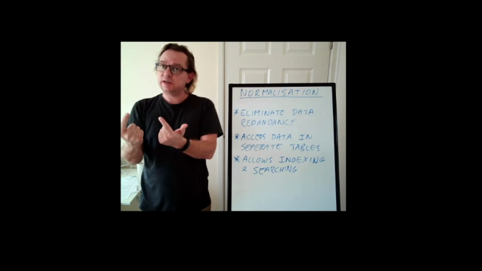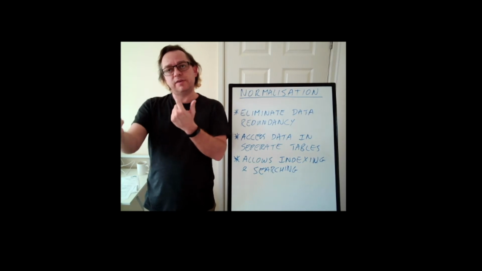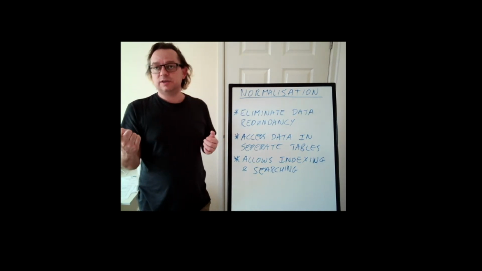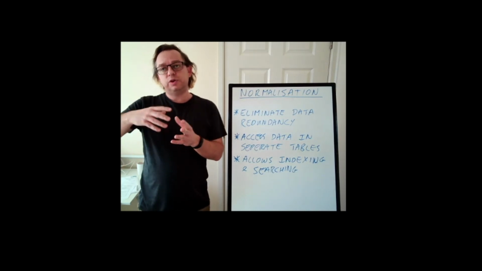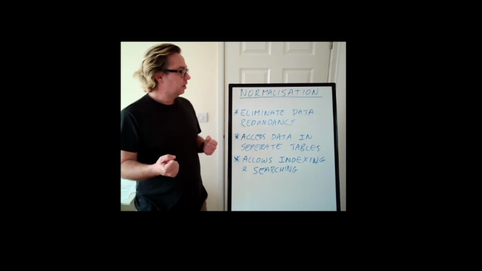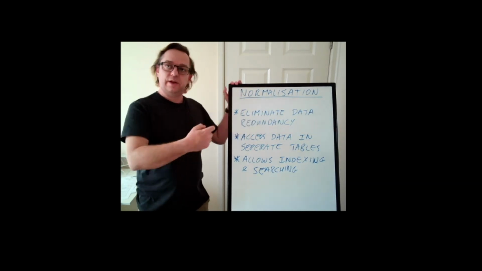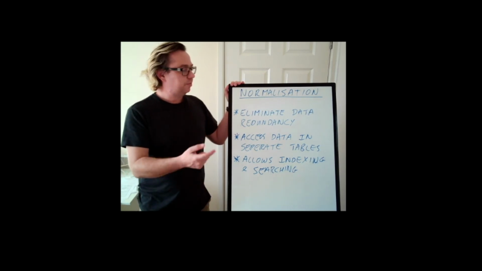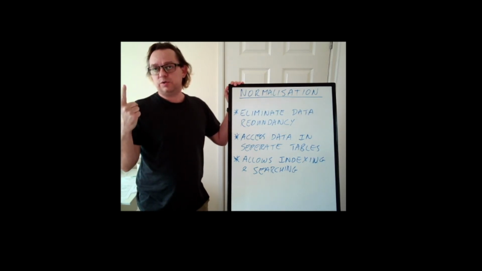You've got data redundancy, where you could have incorrect data. You've got two problems with that. The data could be incorrect, and you're using twice as much storage space as you need to. Okay, so when you normalize something, and we'll come on to this in the next video, you make sure each piece of data is only held once.